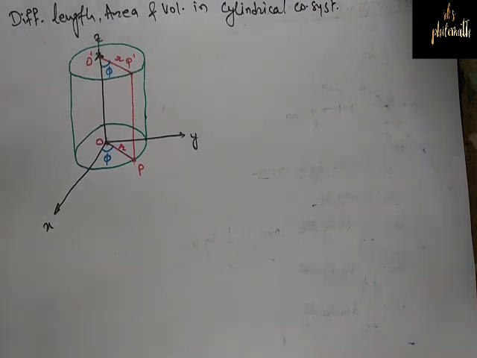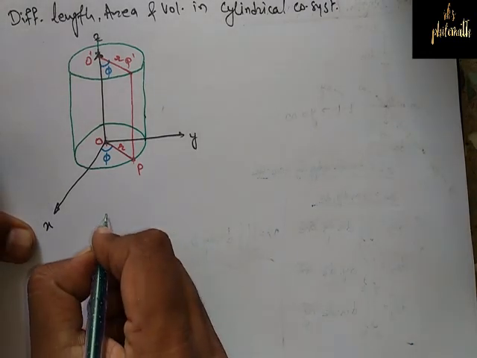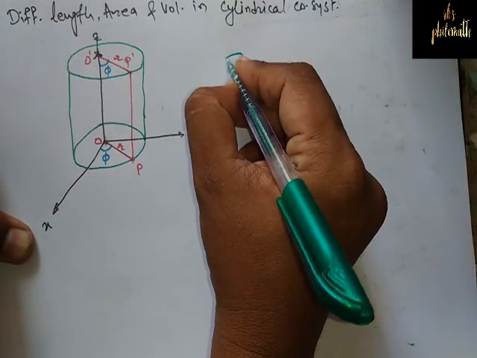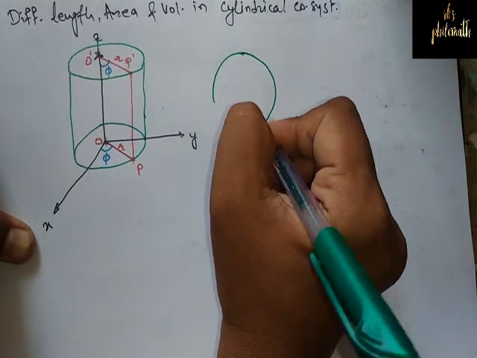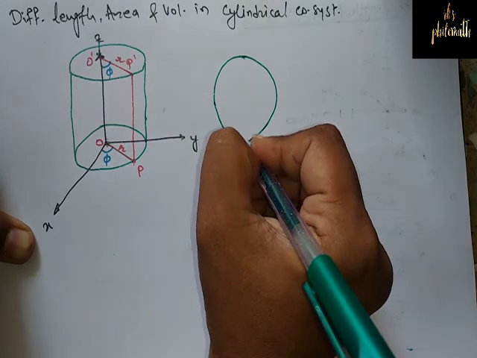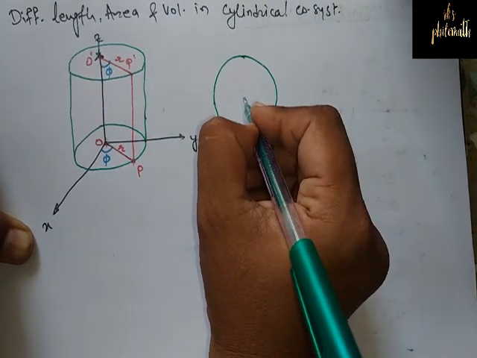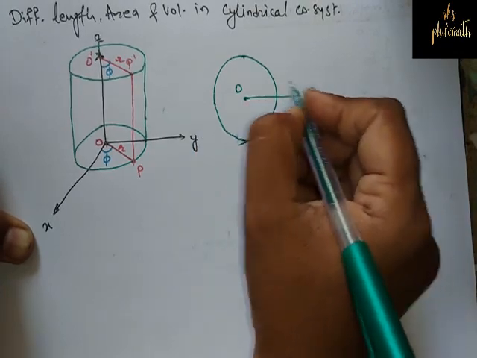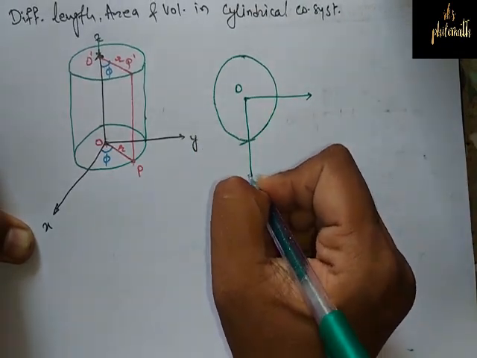Now if we draw the base circle like this, the center O, this is Y and this is X axis.